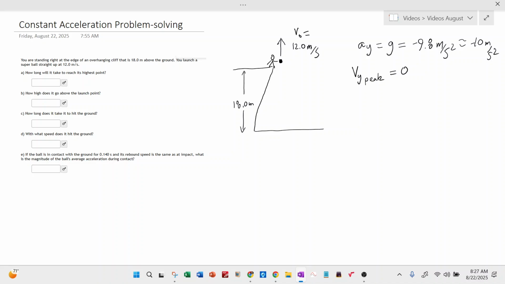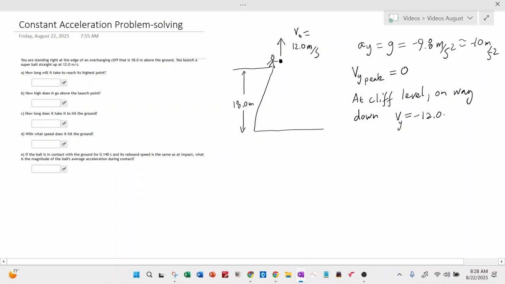A third thing we know is that at cliff level, on the way down, Vy equals negative 12 meters a second, because the ball will have a symmetrical graph on the position time graph.